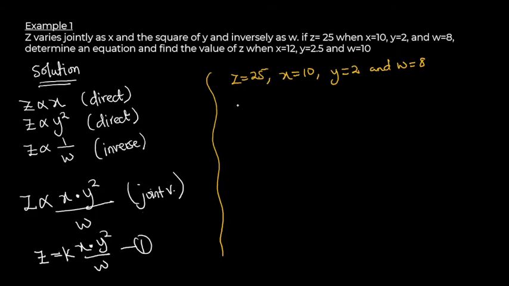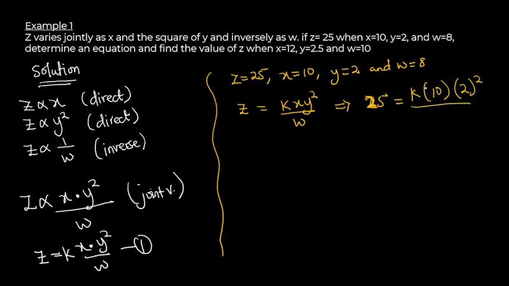So we have z equal to k x y squared on w. This implies that 25 is equal to k, x is 10, y is 2 squared, and w is 8.